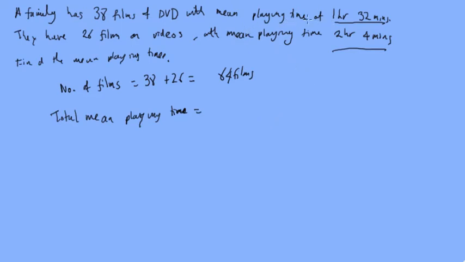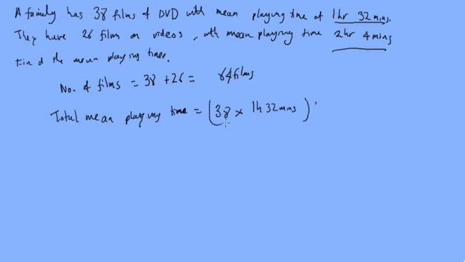So if the mean playing time of the 38 films is 1 hour and 32 minutes, 38 times 1 hour and 32 minutes is going to give you the amount of playing time for all the videos on DVD.